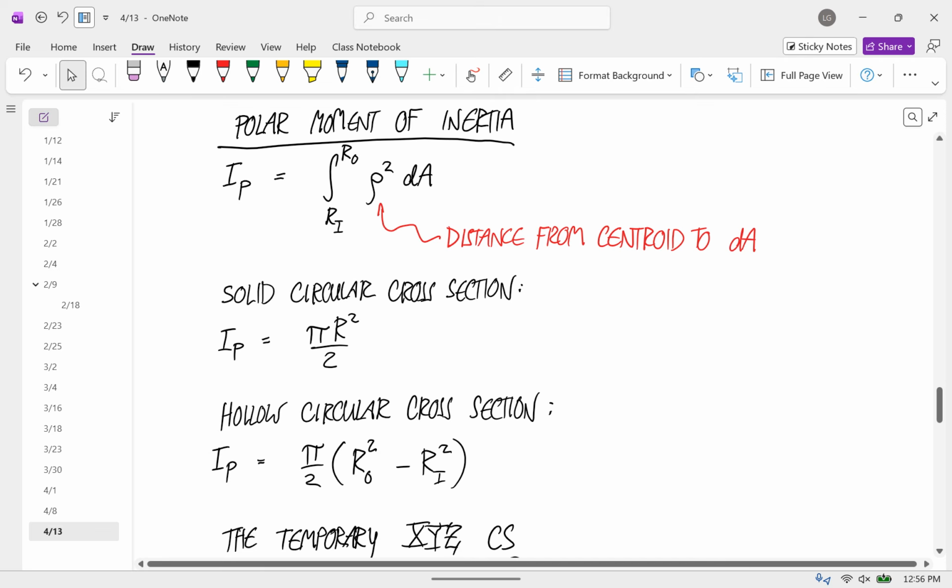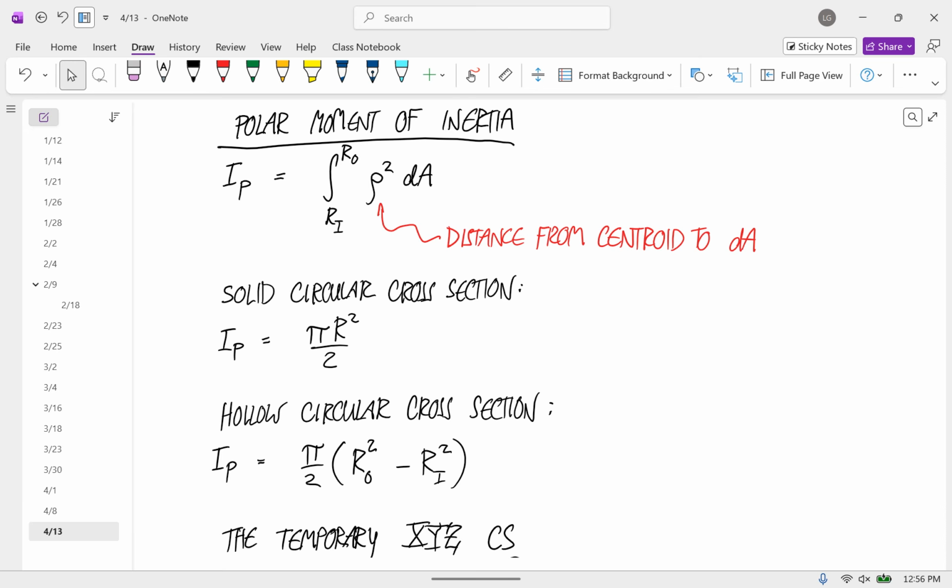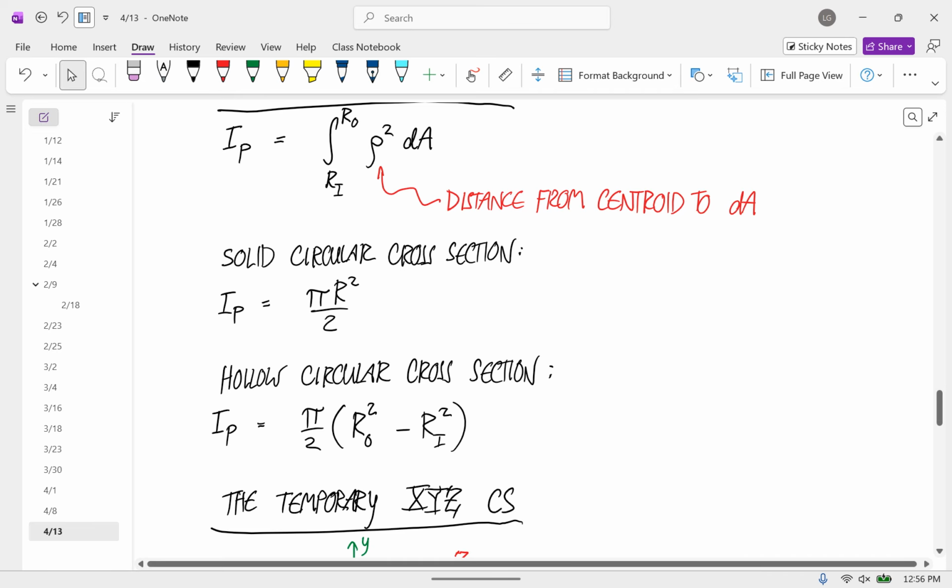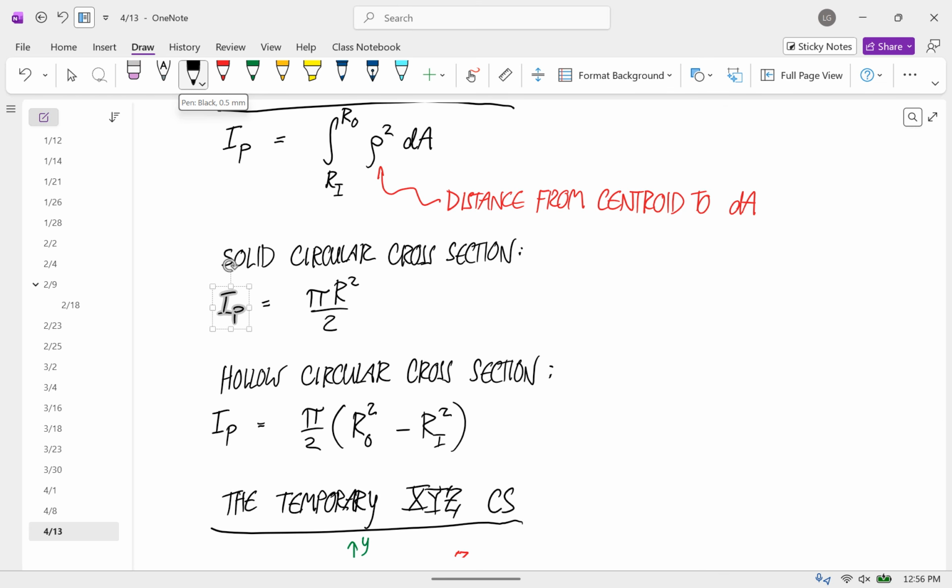No. Let me just make sure this is right. On the test, are you going to label which one is which, like this one's for a solid circular cross section? Well, I'll tell you. It's pretty obvious. Only one of them has an inner and an outer radius, so that one has to be the hollow one. No, I mean for all of them, like the area moment of inertia.